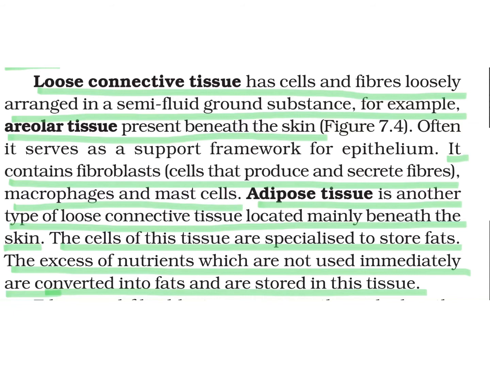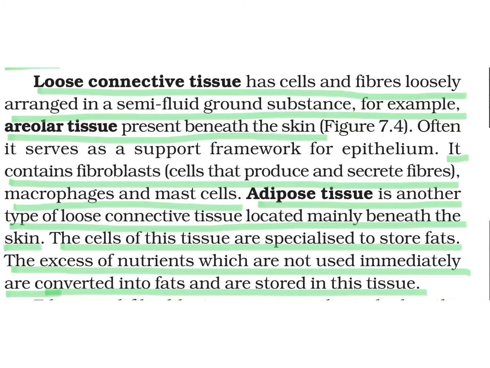Fibers are of two types, collagen and elastin. Other cells are also present, like macrophages and mast cells. So in total areolar tissue contains three types of cells, fibroblasts, macrophages and mast cells, and out of these three, only fibroblasts secrete the fibers.